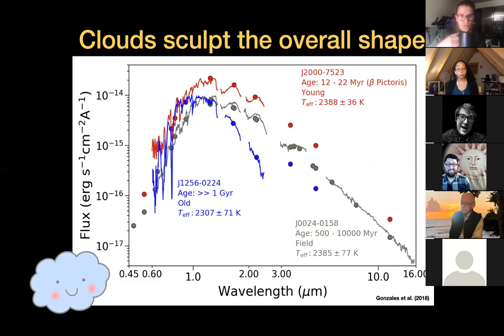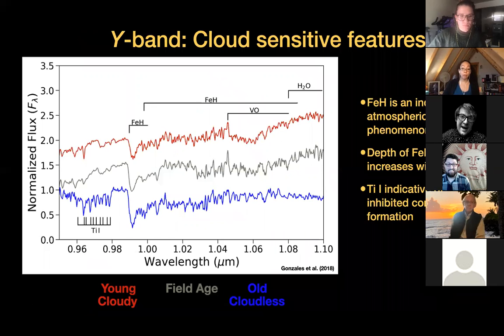And if we want to probe into how secondary features such as metallicity or gravity could be impacting the spectrum, we want to look at the near infrared band by band regions. So I'm going to show you a couple of bands. In the Y band, we have things that probe some cloud sensitive features, particularly iron hydride. If we look at the FeH Wing-Ford band at 0.99 microns, we notice that there is a trend with age where the depth gets deeper as you move to older objects.